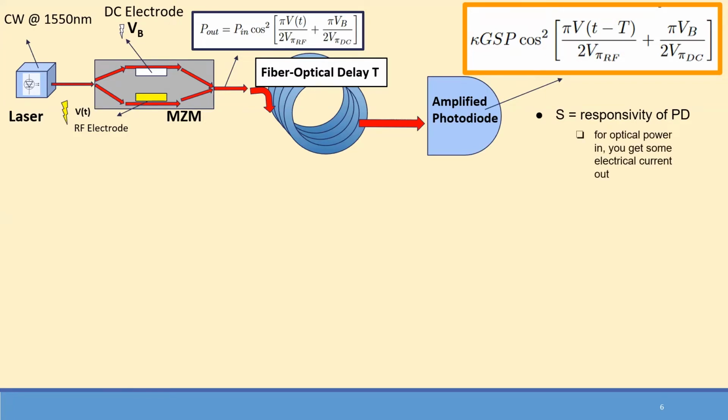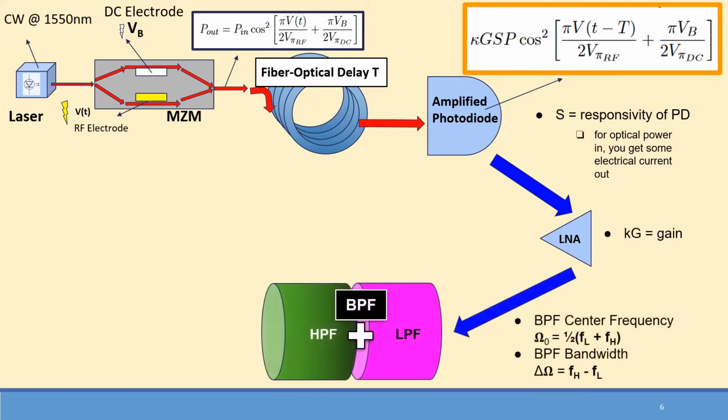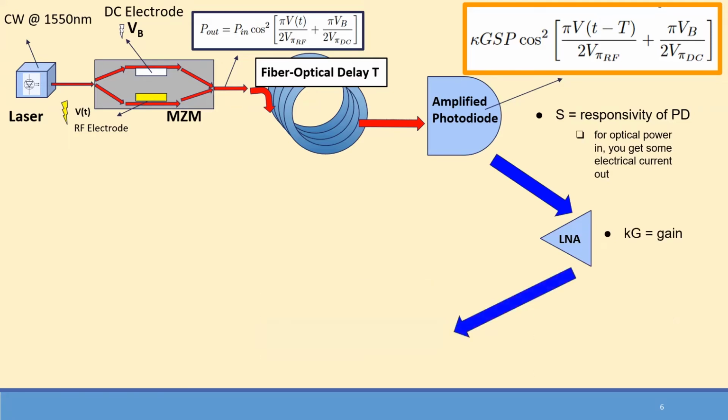So for some optical power in, you get some electric current out. And then next, we have a gain contributed by the low noise amplifier, and that is denoted as kg in the expression.